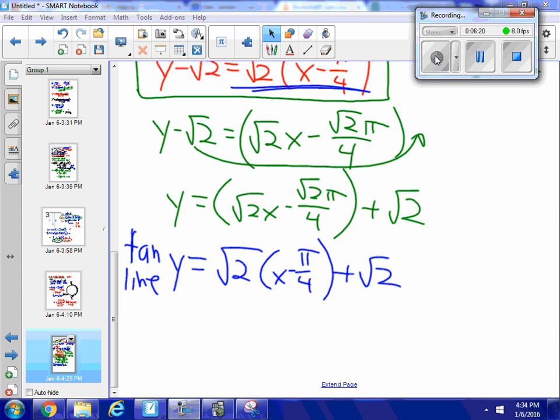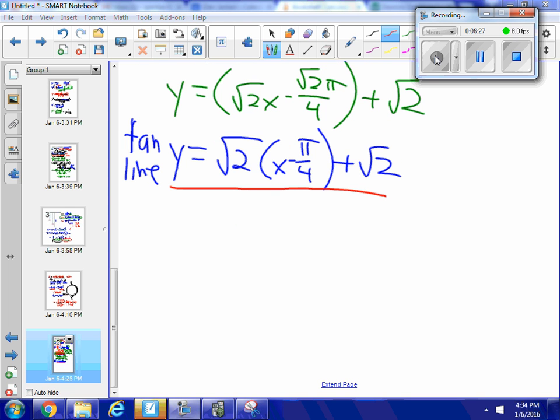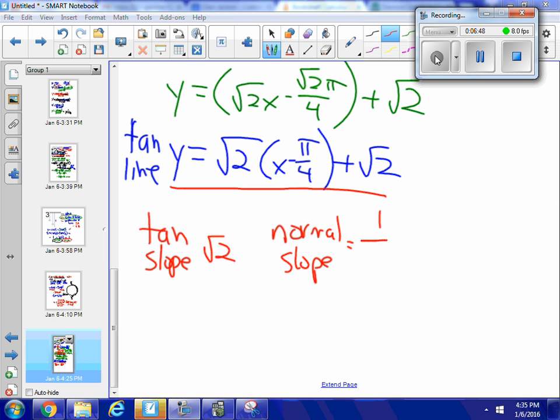So now I have the equation of the tangent line, and I need to find the equation of the normal line. The normal line means that the slope is the negative reciprocal. So if our tangent line slope is radical 2, our normal line slope is going to be equal to negative 1 over radical 2, the negative reciprocal.